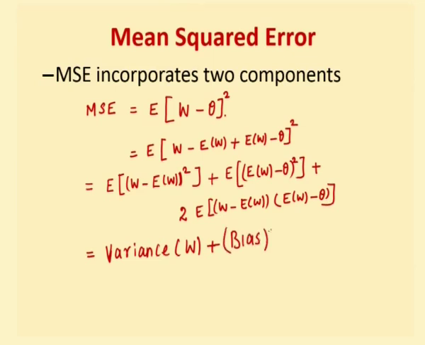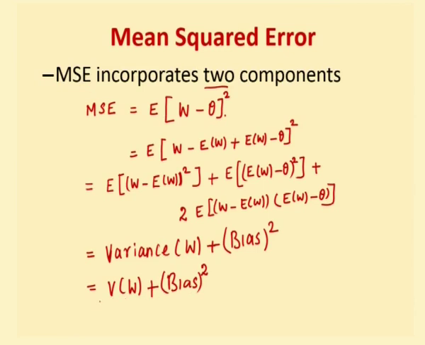So, we have two components. The two components are the variance of W, put in the simpler notation V(W), which stands for variance, and then the square of bias. So, mean square error can be calculated using variance of W plus bias square.